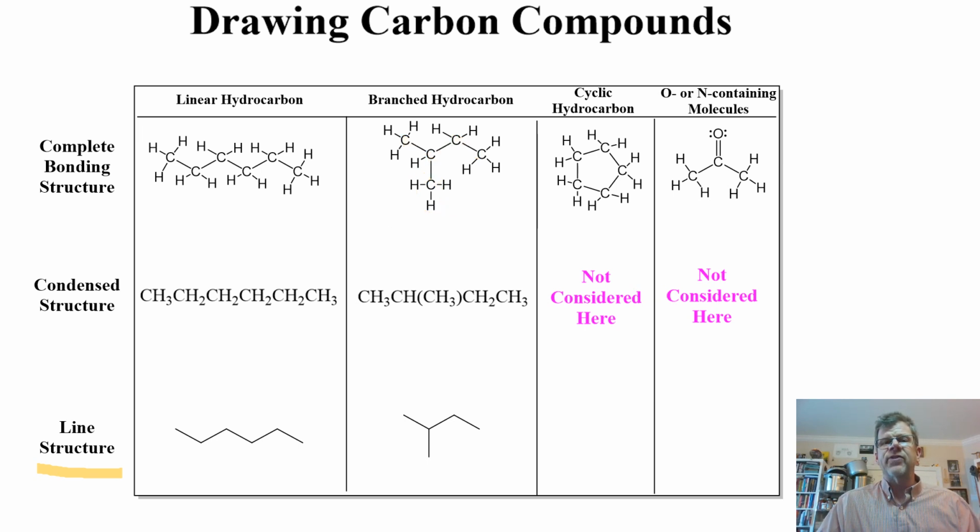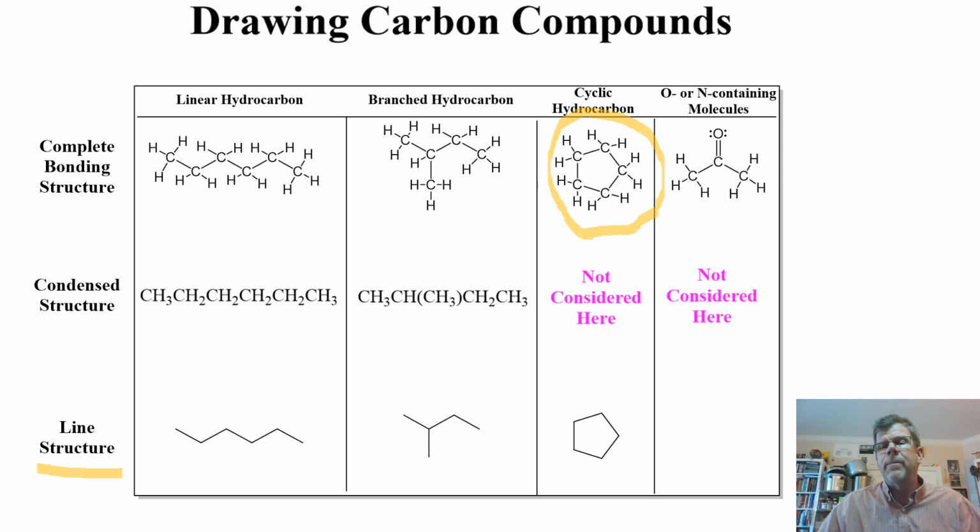So let's look at a cyclic hydrocarbon. Here's our representative cyclic hydrocarbon. What would this look like as a line structure? Well, when we start drawing cyclic hydrocarbons by line structure, it seems like we're back in geometry class. I mean, that looks like a pentagon or something like that. What we've done is just put in the carbon structure without putting any letter C's in there at all.